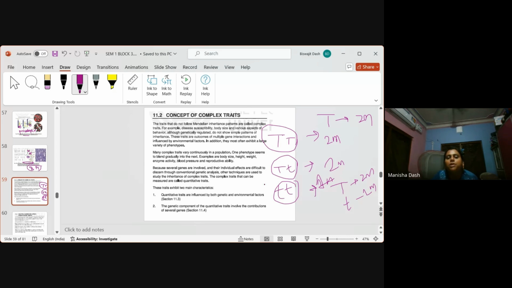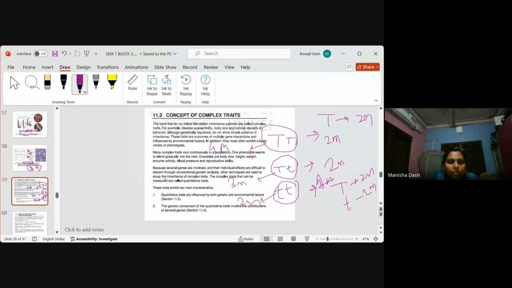That means for a polygenic trait, this plant height will be 4 meters instead of 2 meters, because the effect of each gene or each allele is additive. Similarly, this plant will grow into a height of 3 meters, and this plant will grow into a height of 2 meters. So I hope now you understood the difference between monogenic and polygenic traits. In a monogenic trait, the effect of the alleles is not additive, but in a quantitative or complex trait, the effect of each allele is actually additive in nature.